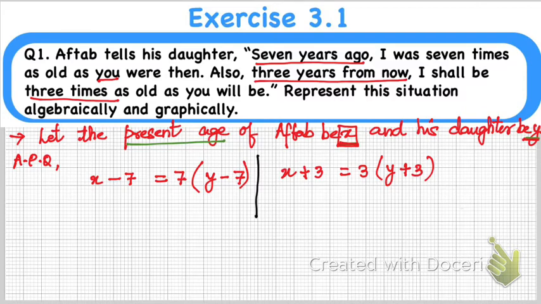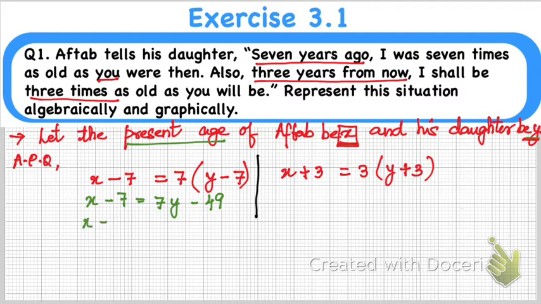Represent this situation algebraically and graphically. Okay, we will represent the situation algebraically and graphically. So first we will simplify the equations. For simplifying the equations, we can write it as x minus 7 is equal to 7y minus 49, multiplying 7 with both the terms.